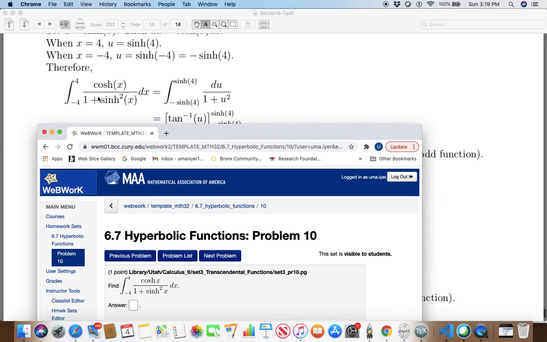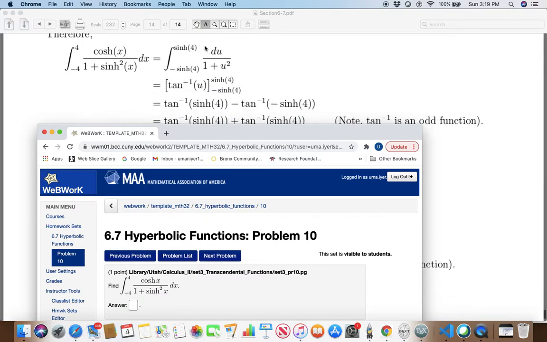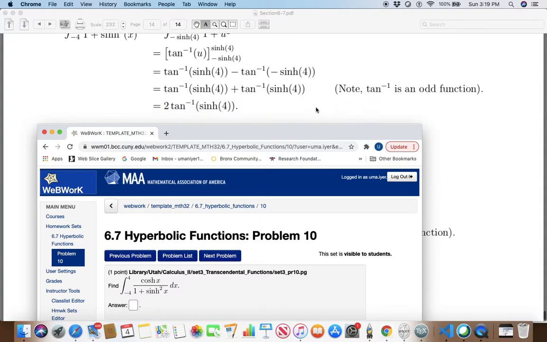So this integral is nothing but the integral from negative sinh 4 to sinh 4 of du over 1 plus u squared. The integral of 1 over 1 plus u squared is tan inverse u, with these limits. So tan inverse of sinh 4 minus tan inverse of negative sinh 4.